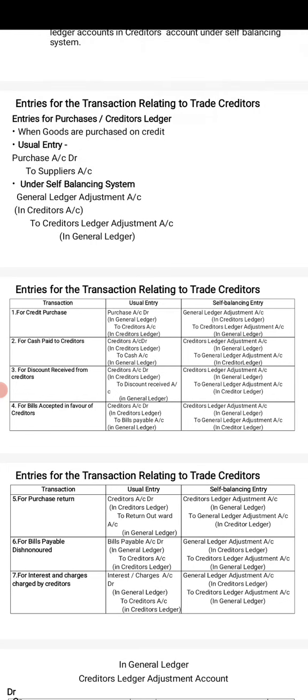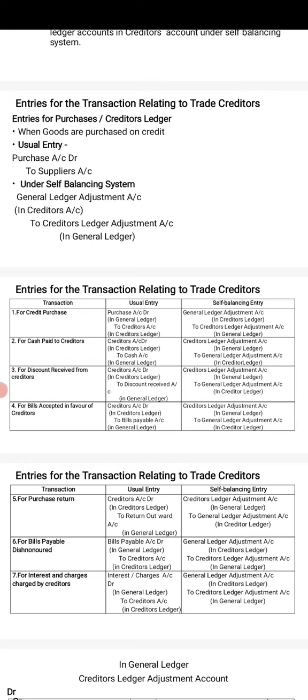Therefore, here goods is coming into the business in the form of purchase. Therefore, purchase account has to be debtor. Creditor account has to be creditor. In self-balancing entry, the entry will be general ledger adjustment account debtor to creditors ledger adjustment account.